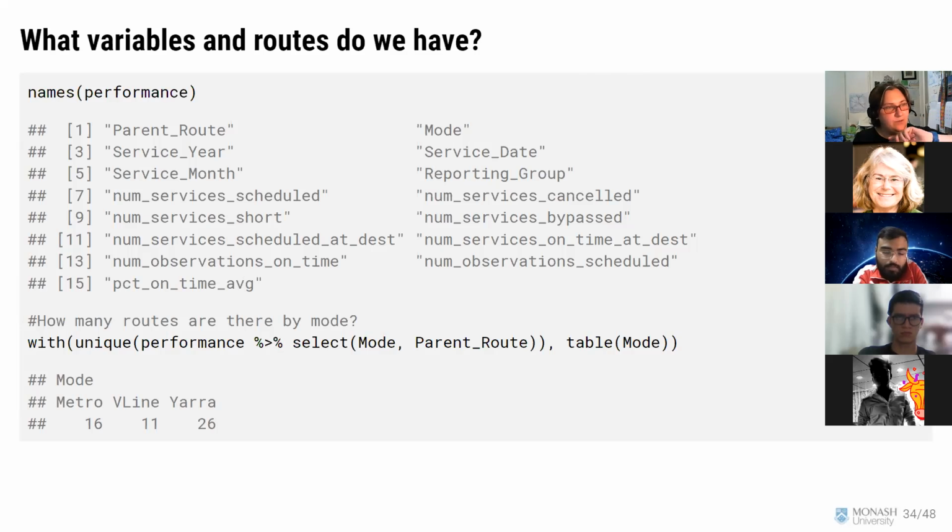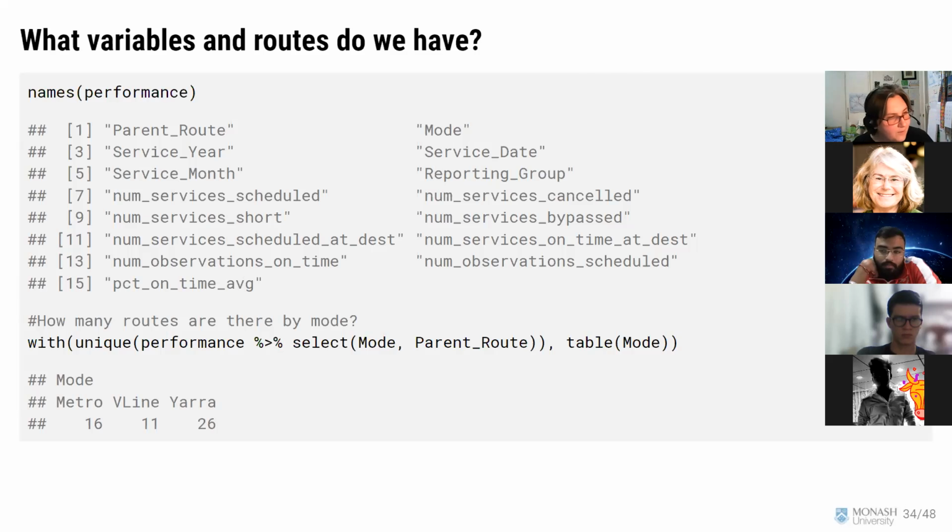This data is currently at a level where if you open up the data, you'll see there are these percent on time and reliability percentage measures in there, but they're at every single line.